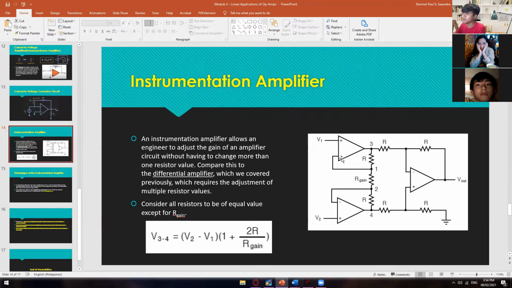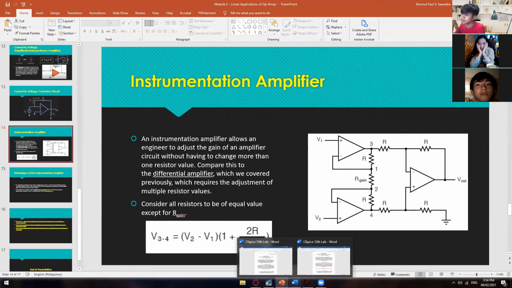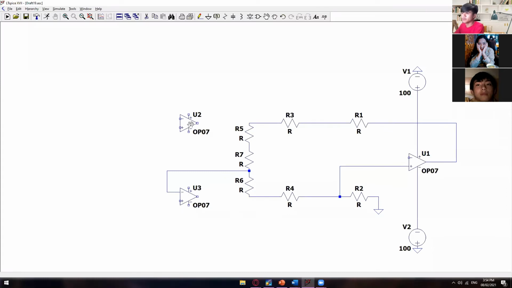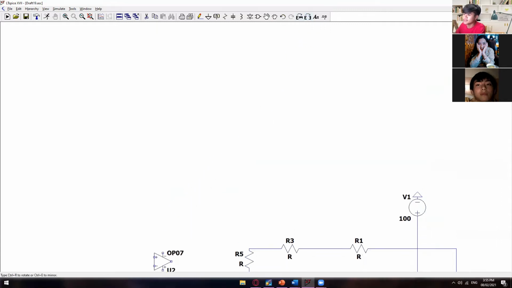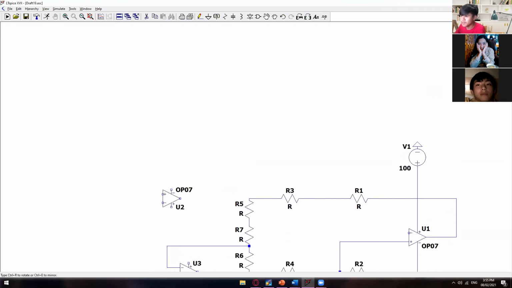For you to interchange those two, highlight this one first, and then rotate with Control R. Rotate it on that side and then mirror it. I forgot the shortcut key for the mirror, but I'll just do it manually here. So this is the mirror, and this is the rotate. I'll click the mirror one. There you go.